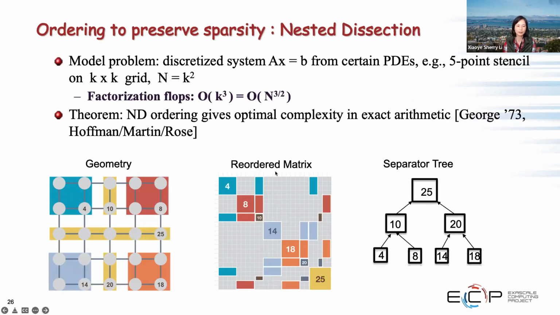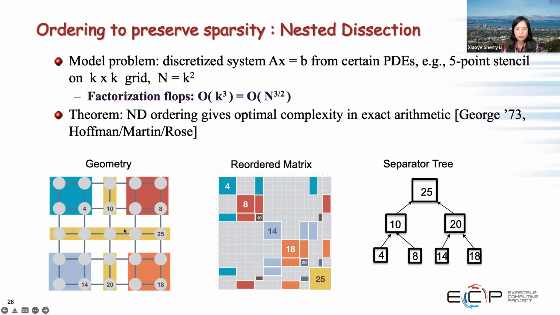Then another idea is to do the top level not with a greedy algorithm, but to do it optimally. This is the idea of nested dissection. Again, I'm using this model problem for discretization from PDE. For example, my first picture, if you look at the geometry, your 5-point stencil looks like this for the 2D Poisson equation.